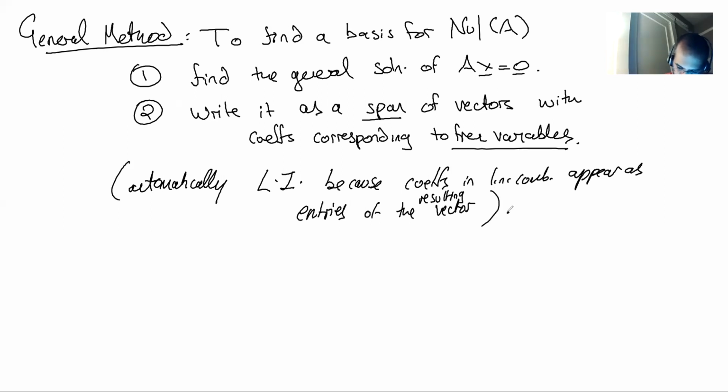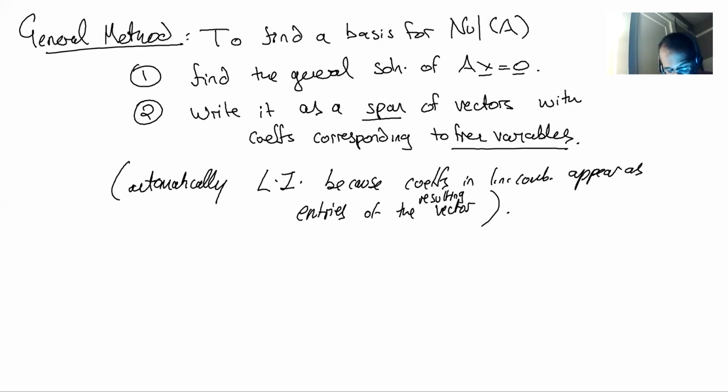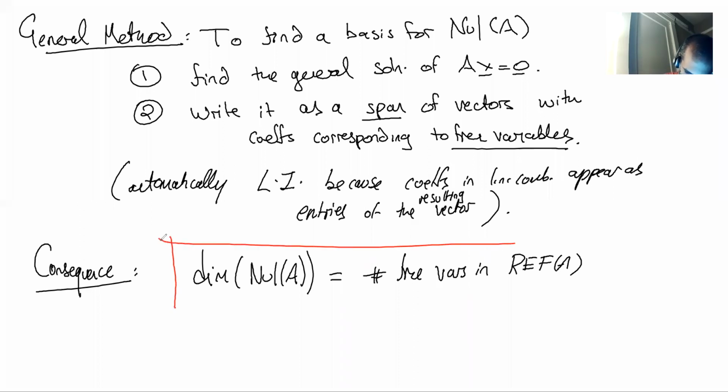So it's this argument written over here. Row reduction just does it for you. It's a week 1 level thing, and you get that they're linearly independent for free. And what's an important consequence? The dimension of the null space of A is equal to the number of free variables. That's an important consequence.